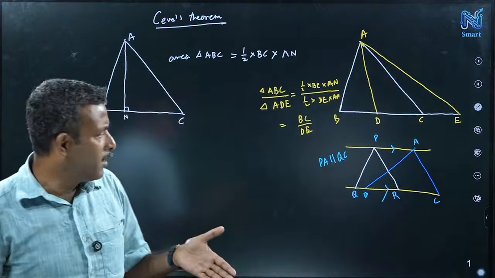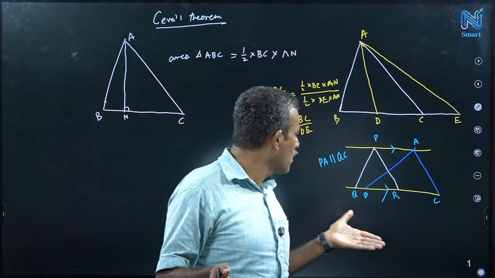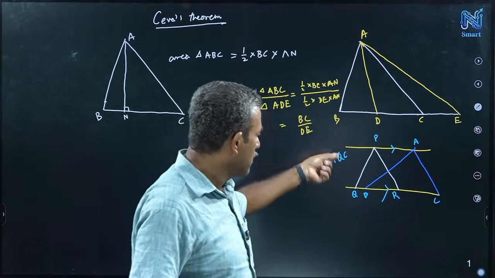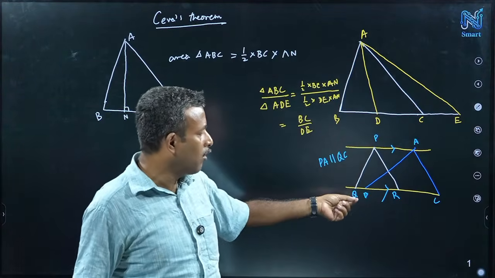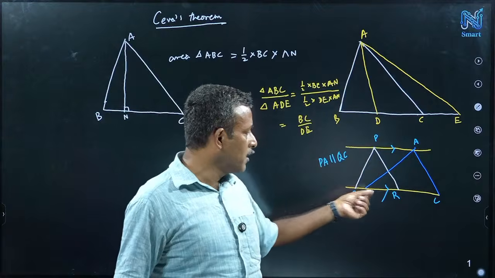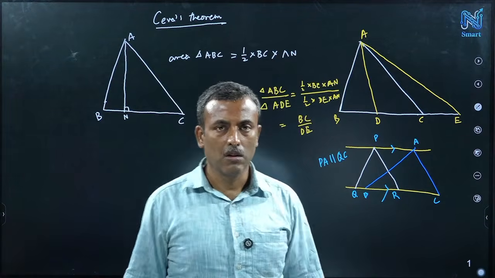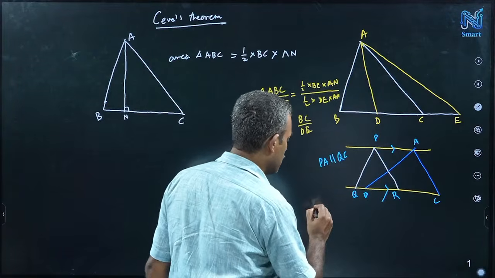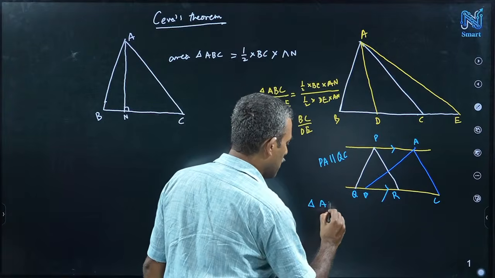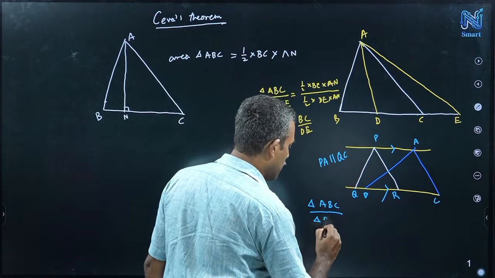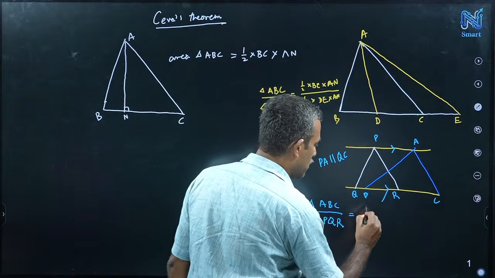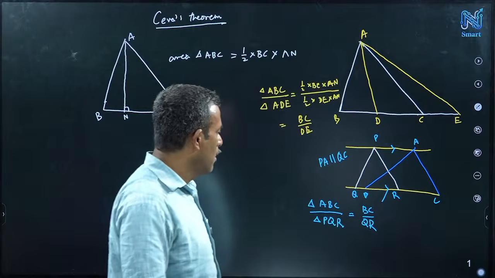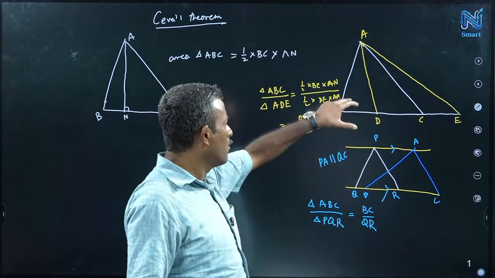Since PA and QC are parallel, the height of both triangles, that is the perpendicular distance from P on QC, is the same as the perpendicular distance from A on QC. So the height is the same. Again, the ratio of the areas of ABC and PQR is just the ratio of the bases BC by QR. So we have to use this theorem.